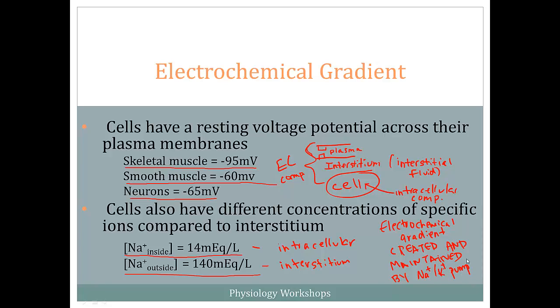And remember, since this is active transport, this is an ATP pump. And this is important to remember.